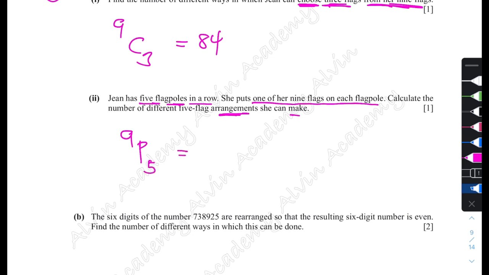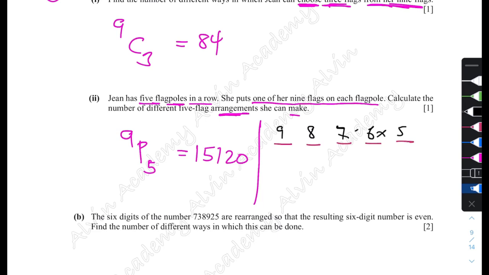So that's 9 permutation 5, giving us 15120. Or you can also put 5 poles there. Any of the 9 could be here, the remaining 8, the remaining 7, the remaining 6, the remaining 5. You multiply them out: 9 times 8 times 7 times 6 times 5. Yep, you get the same answer, 15120.